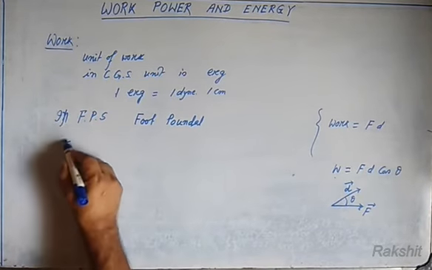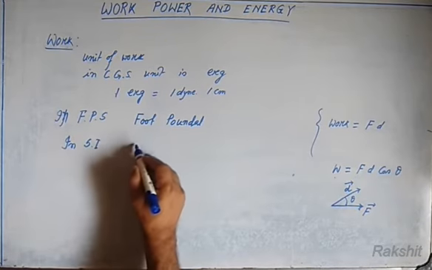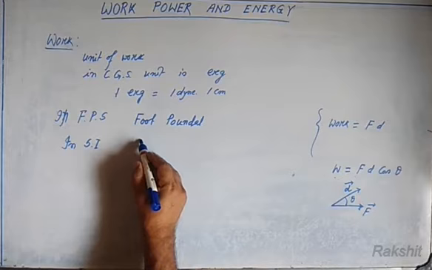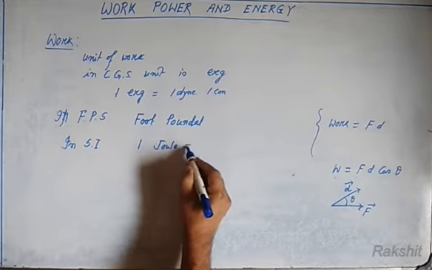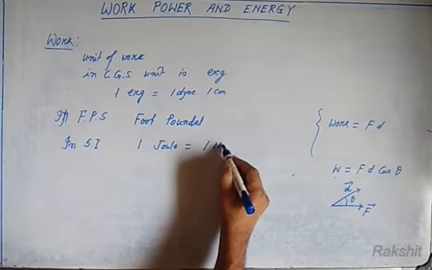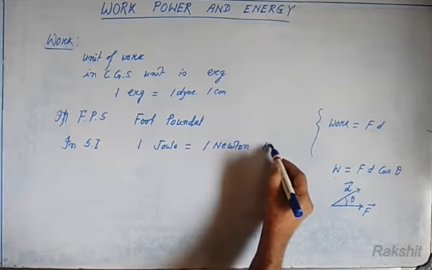In the SI unit, it is joule, and 1 joule is equal to 1 Newton into 1 meter.